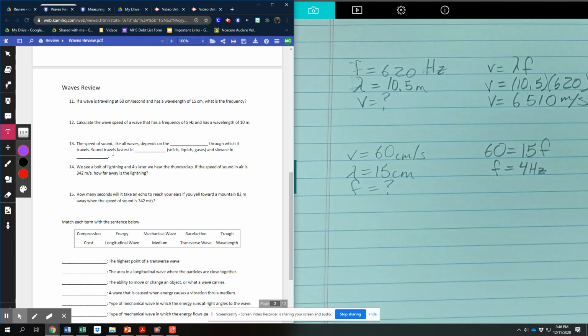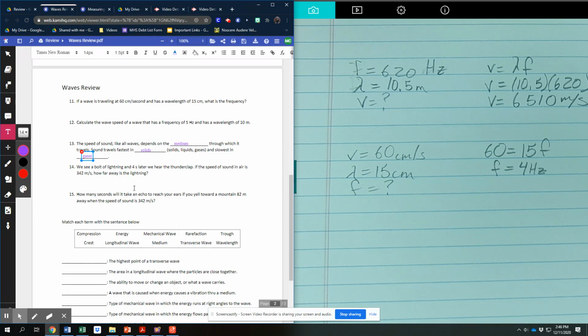Frequency is 4 hertz. And the last one says, calculate the speed of a wave that has a frequency of 5 hertz and a wavelength of 10 meters. Just multiply the two, the wave speed is going to be 50. So the speed of sound, like all waves, depends upon the medium through which it travels. Sound travels fastest in solids and slowest in gases.